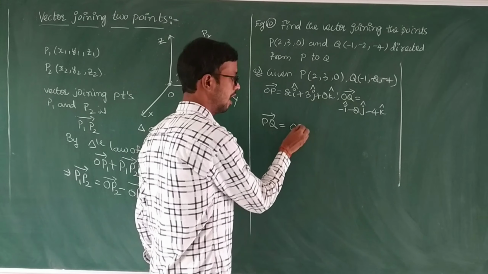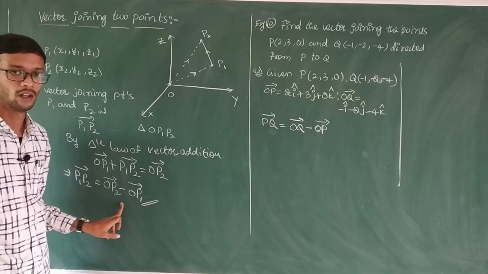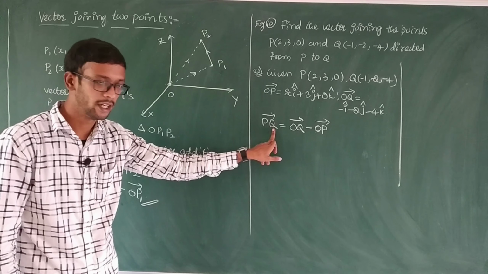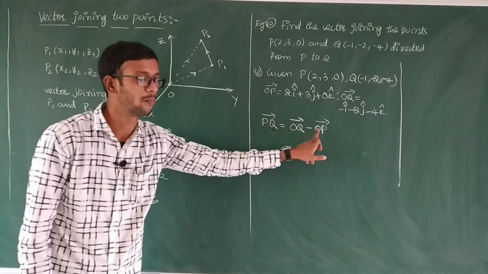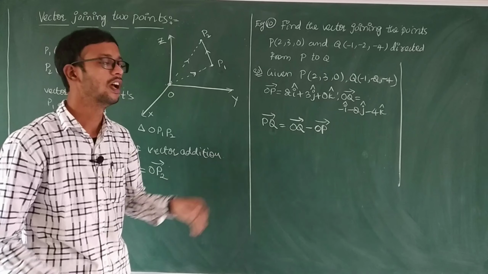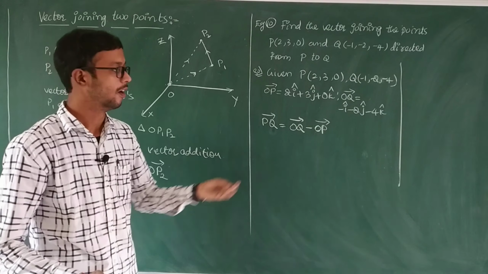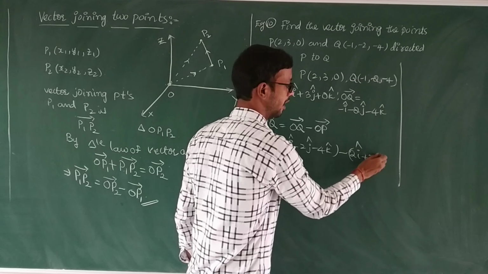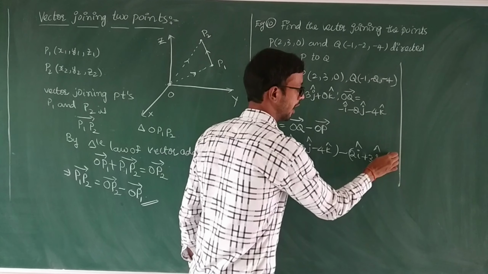P1P2 we needed OP2 minus OP1; here also PQ we need, so OQ bar minus OP bar gives the resultant vector, by the triangle law of vector addition. So what is OQ bar? OQ bar is minus i cap minus 2j cap minus 4k cap minus of 2i cap plus 3j cap plus 0k cap.